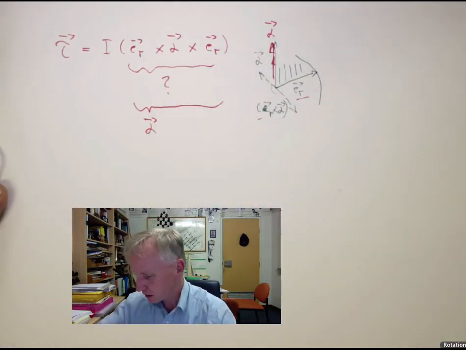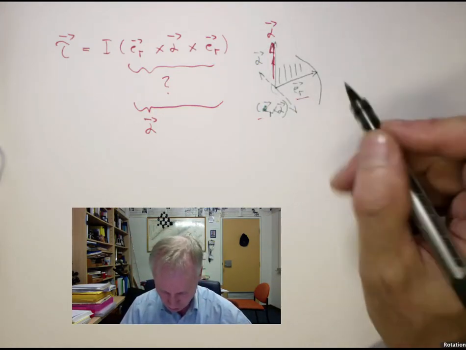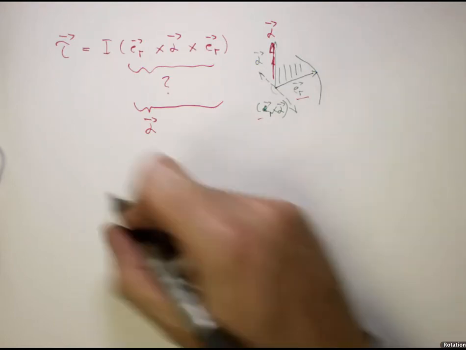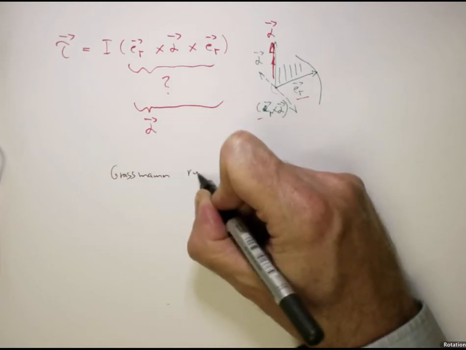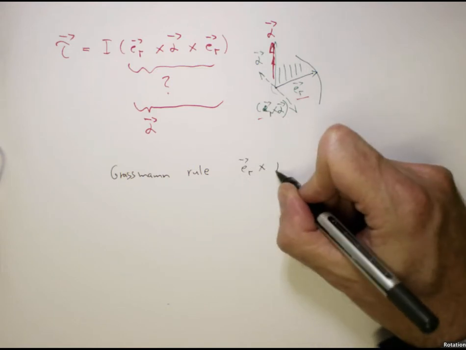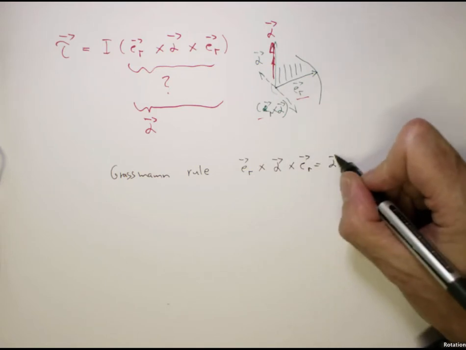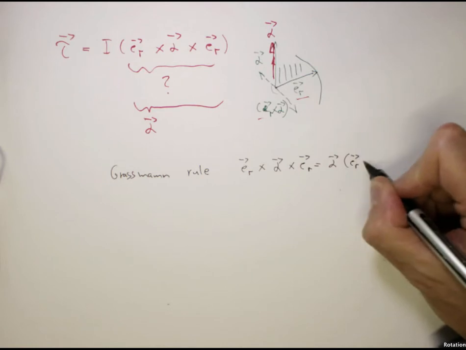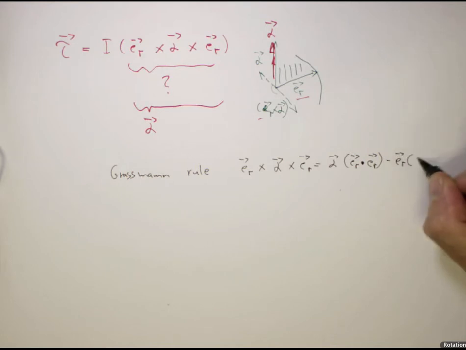So this is alpha. This is a geometric, vector algebra way of looking at it. You can also see this algebraically if you apply the Grassmann rule, which says that if you have ER cross product alpha cross product ER, then that's the same as writing alpha times ER dot product ER, minus ER and then ER dot product with alpha.